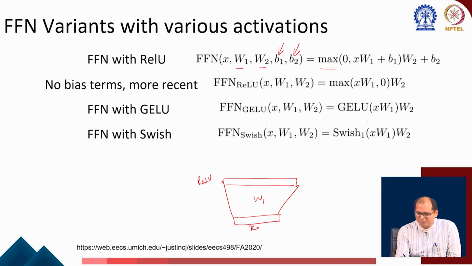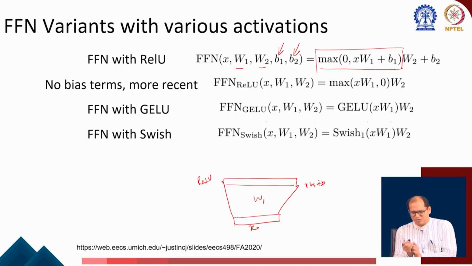So x W1 plus b is the pre-activation, and then you apply ReLU on that, max of 0 and x W1 plus b. You get this as the activation, and now you multiply this by W2 and add another bias term b2. So this is our original FFN model.